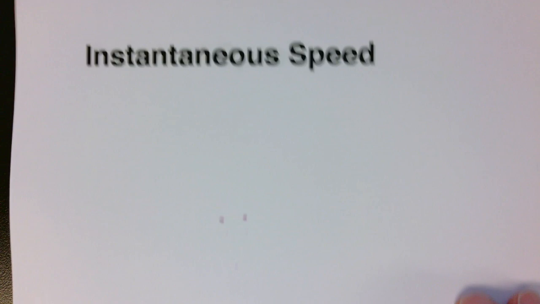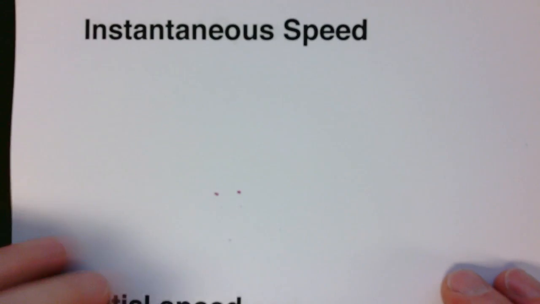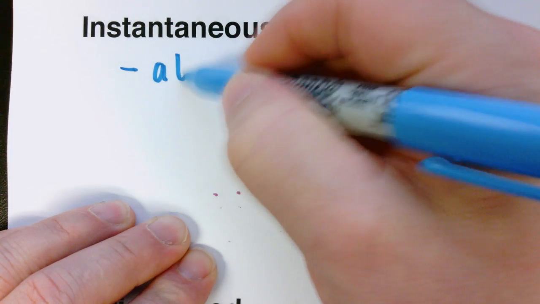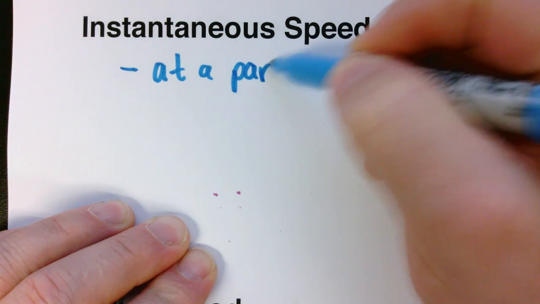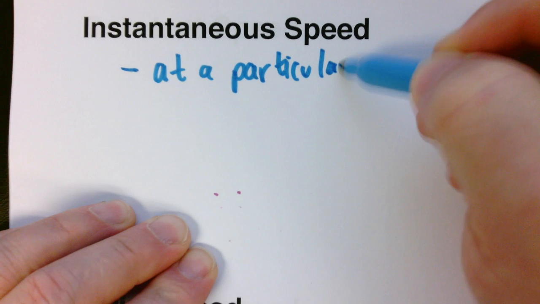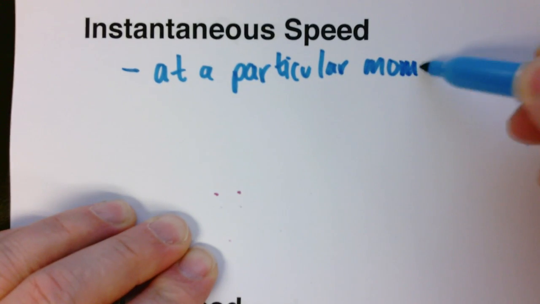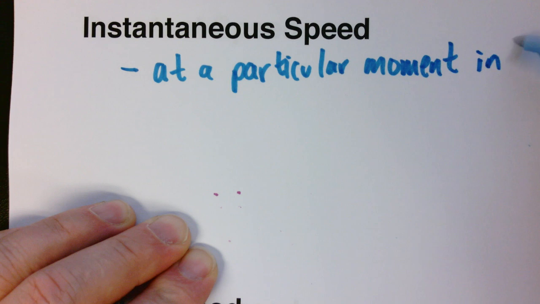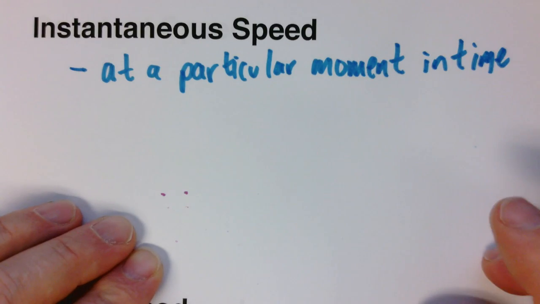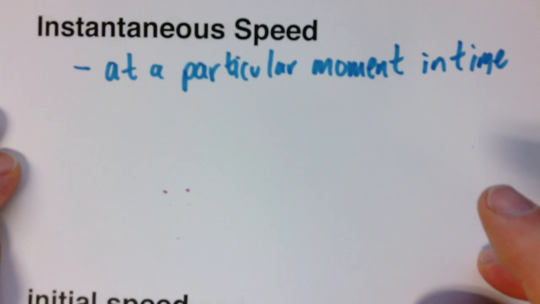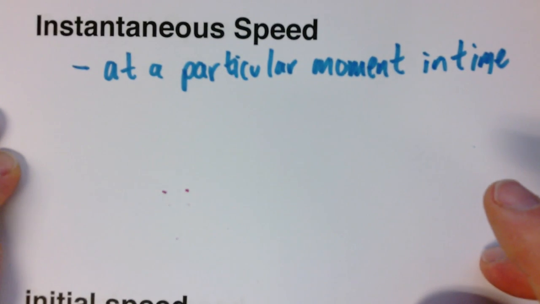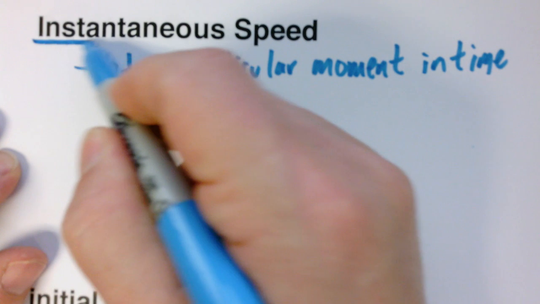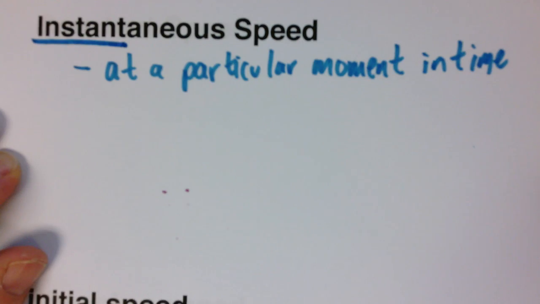But we also have instantaneous speed. Instantaneous speed is the speed at a particular moment in time. When one is driving a car and you look at your speedometer, that speed is the instantaneous speed. It is the speed at a particular instant.